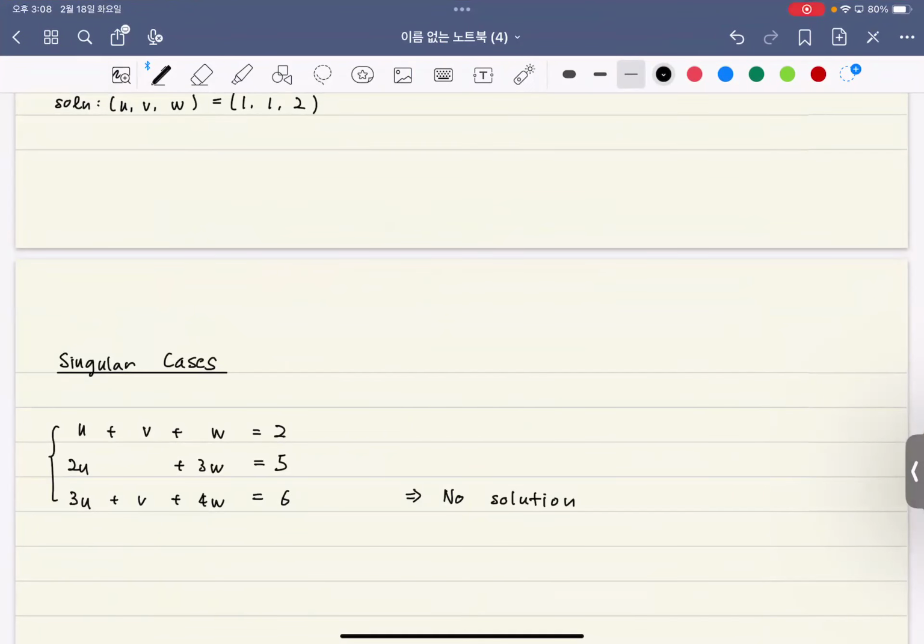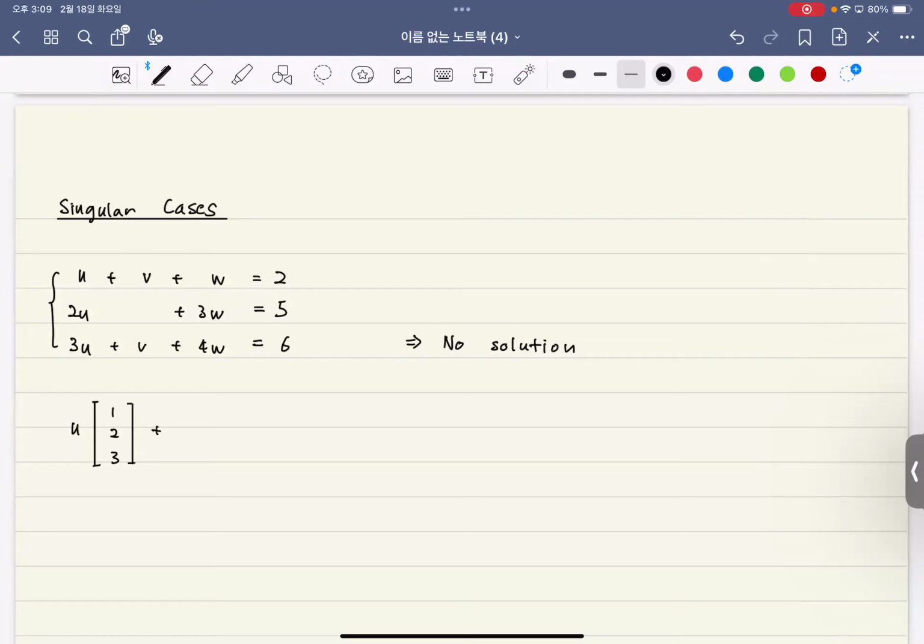According to the column picture, the columns are 1, 2, 3, 1, 0, 1, and 1, 3, 4.